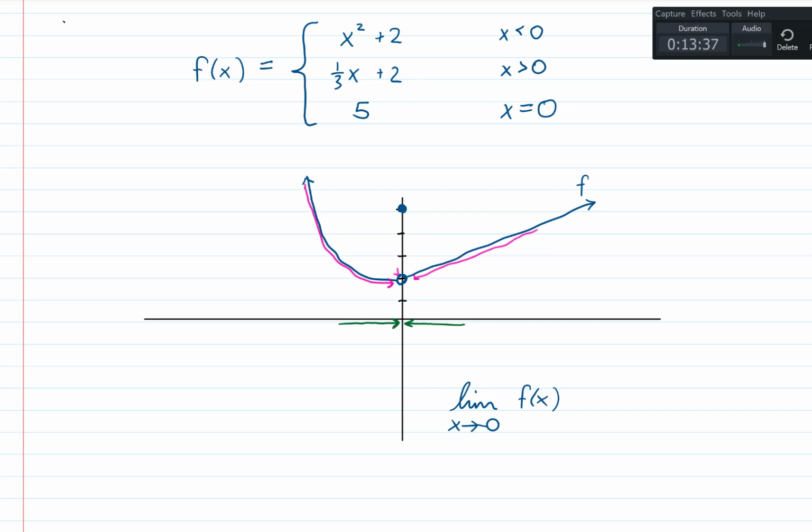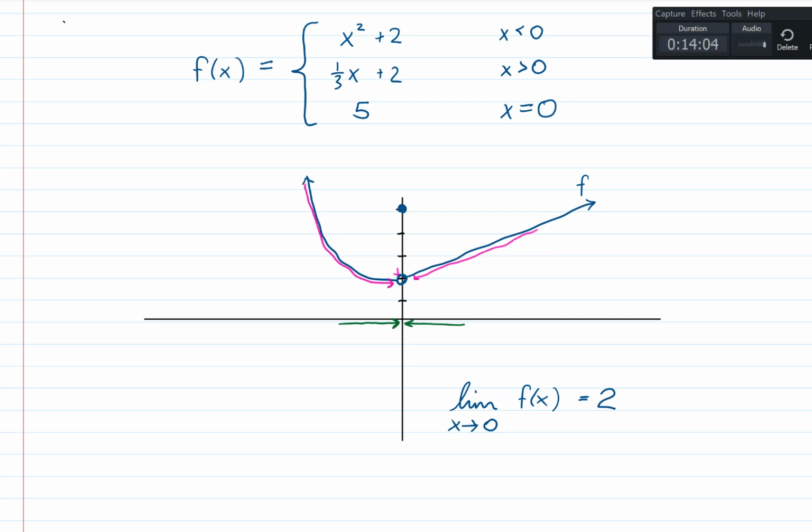Wouldn't you say that the limit of f of x as x approaches 0 appears to be 2? Do you agree with that? As the x values approach 0, the y values are approaching 2.